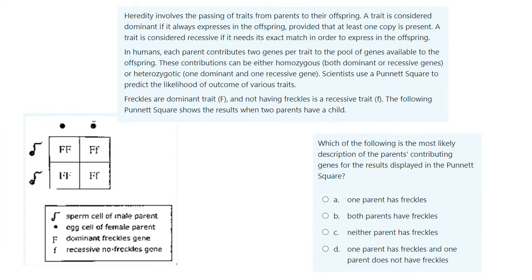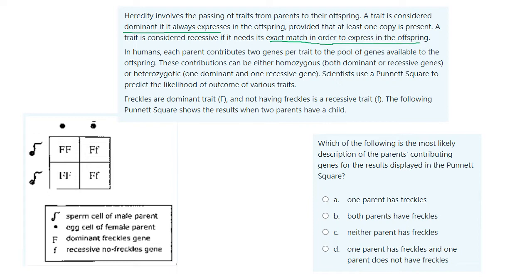Now we're on to these typical questions where we're looking at genetics. Heredity involves the passing on of traits from parents to offspring. A trait is considered dominant if it always expresses itself, provided that at least one copy is present. A trait is recessive if it needs an exact copy in order to express itself, if you need 2 copies.